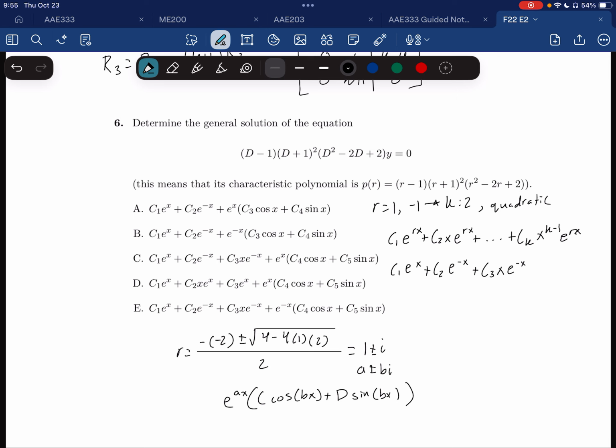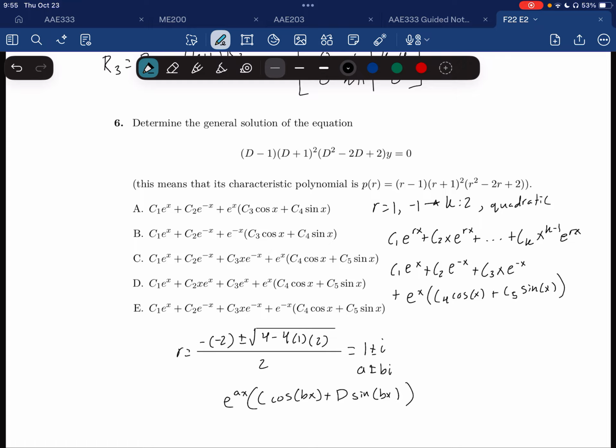Here our a is 1 and our b is also 1. So for us, it's going to be e to the x times c4, because we already had c3, cosine of x plus c5 sine of x.